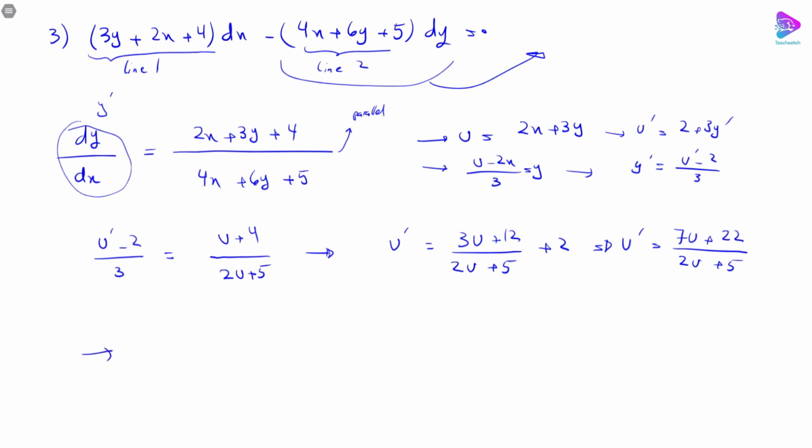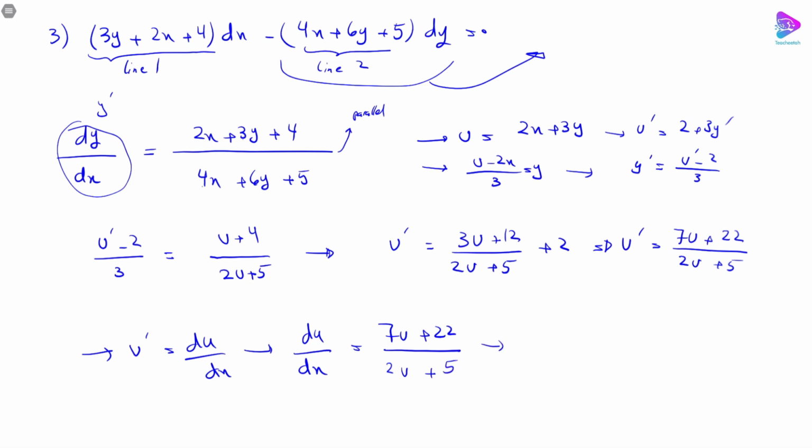Again, we know that u prime is basically du over dx, so therefore du over dx is equal to 7u plus 22 over 2u plus 5, and from here we're going to have 2u plus 5 over 7u plus 22 du is equal to dx.